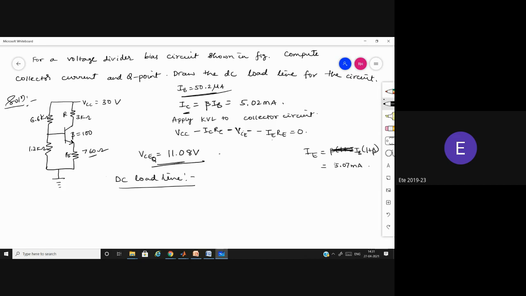How do we find that equation? The main equation, from the below circuit, from where we have taken KVL.